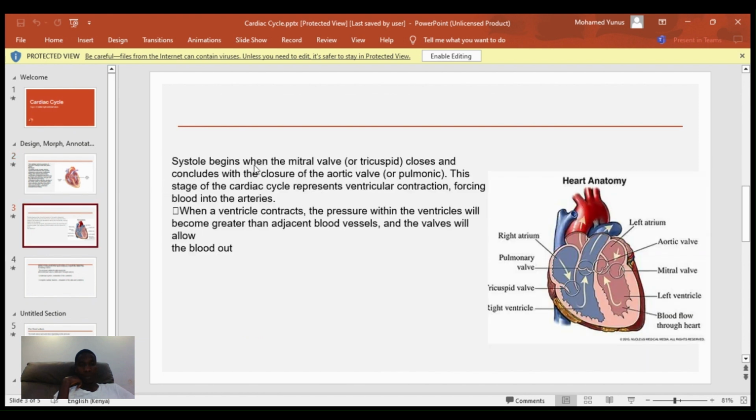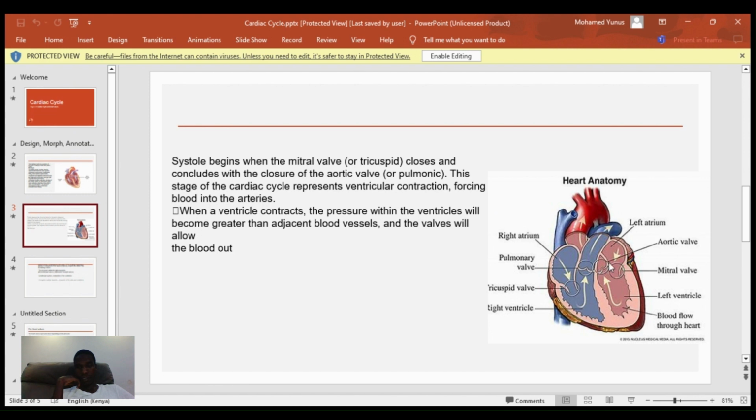Systole begins when the mitral valve or tricuspid closes and concludes with the closure of the aortic valve. Now we are going to take systole, and it's the other way round. In the left heart, it begins when the mitral valve closes. Here is our mitral valve. When it closes, that's when the systole begins, and it ends when the aortic valve closes.